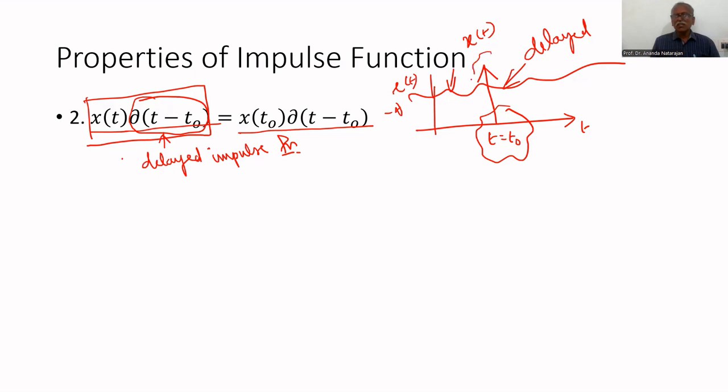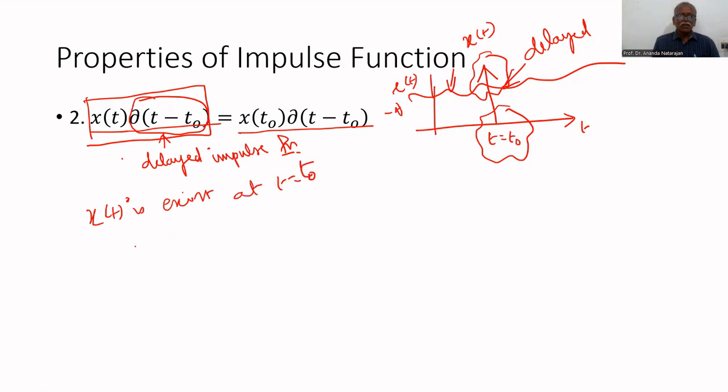That's why the value of x at t equal to t naught only will be multiplied with the impulse function. And let us assume that x of t is continuous, exists at t equal to t naught.